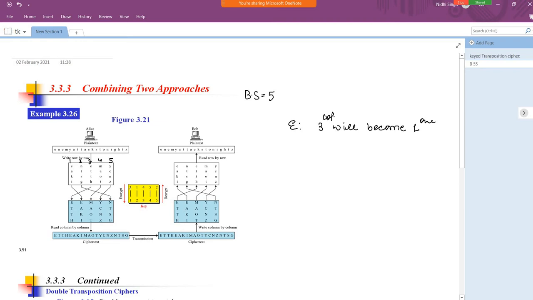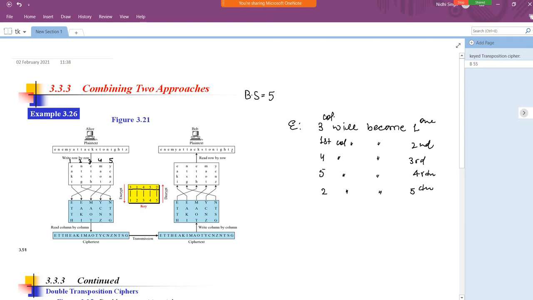First column will become the second one. Fourth column will become the third one. Fifth column will become the fourth one. And the second column will become the fifth one. That is the procedure you have to follow in order to permute the columns.